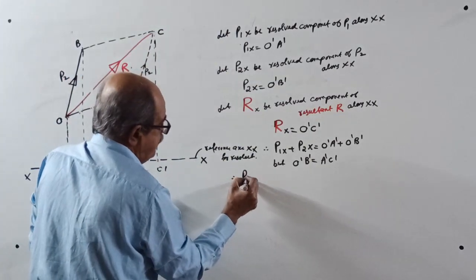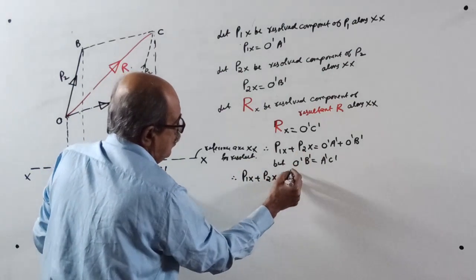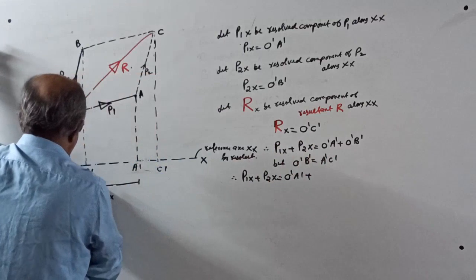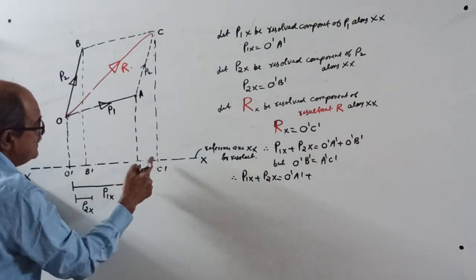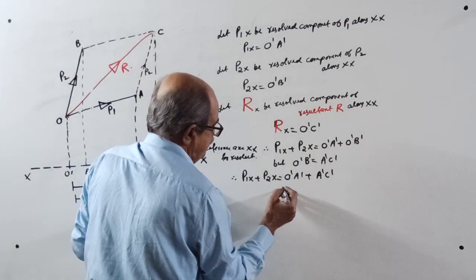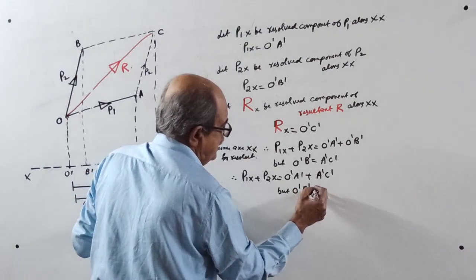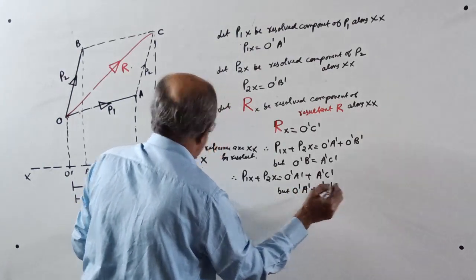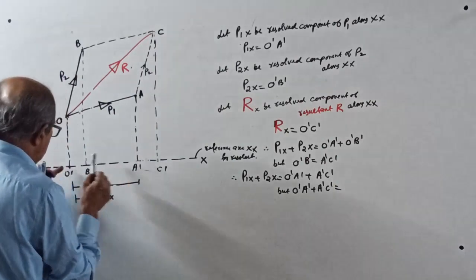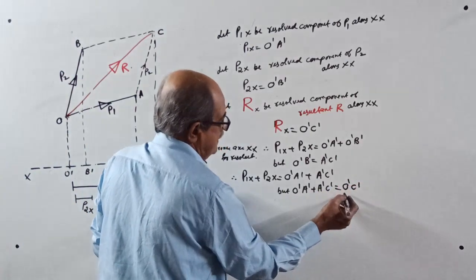Therefore, your P1x plus P2x equal to O dash A dash, already over, plus, instead of O dash B dash, you write A dash C dash. But O dash A dash plus A dash C dash equal to O dash C dash.